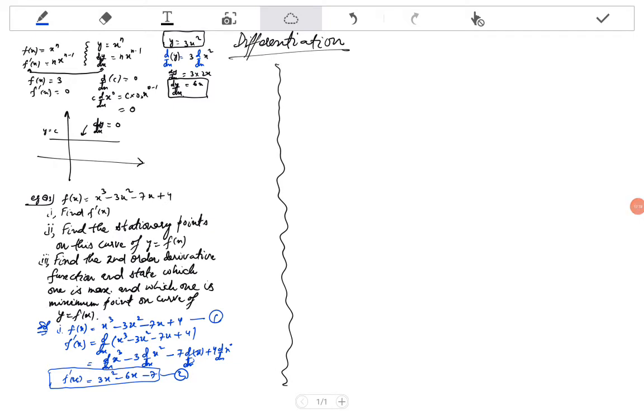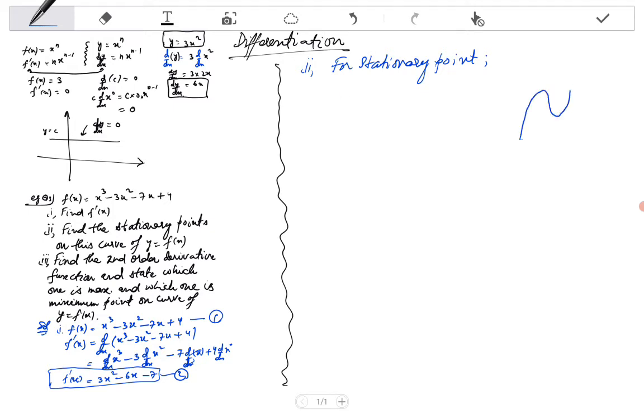So we were doing the stationary point. For the second part, we consider that for a stationary point, we consider the gradient function as 0, because of the gradient at the turning point.